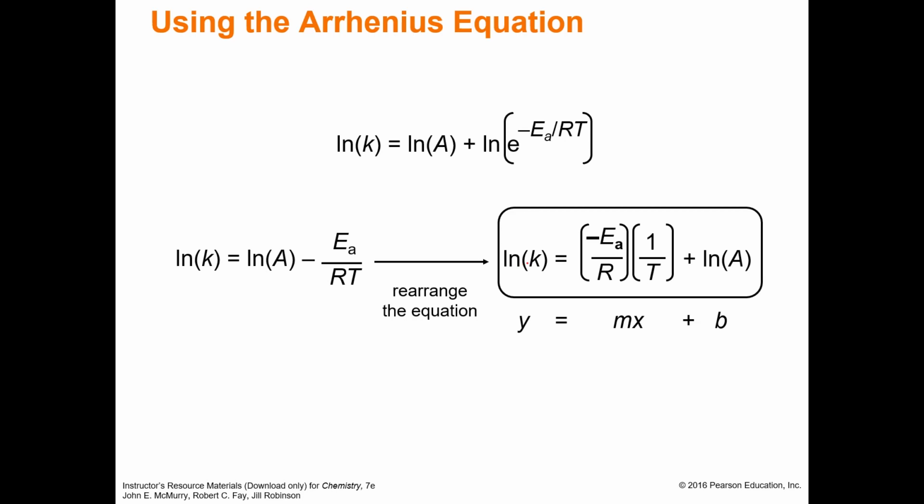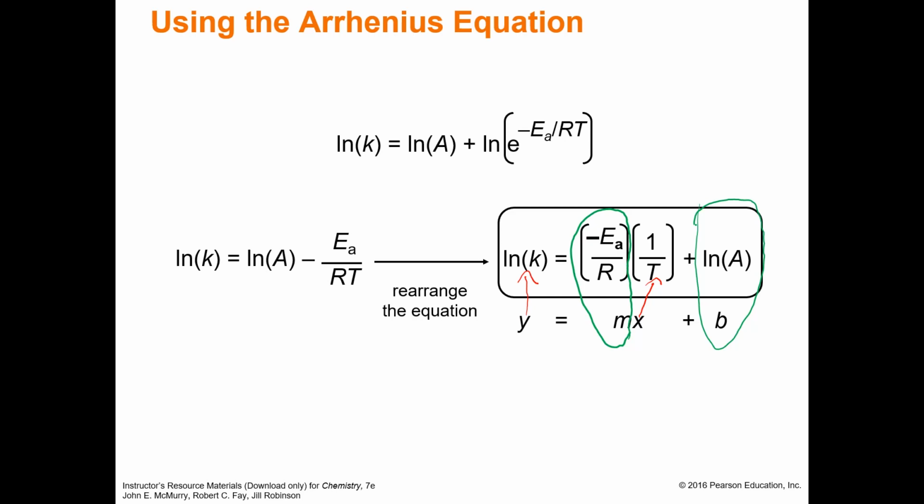So the natural log of K, which is the rate constant, is our Y. That's equal to negative EA over R times 1 over T plus the natural log of A. So we plot the natural log of K as our Y value, 1 over T is our X value, and that means the slope is equal to negative EA over R, and our y-intercept, B, is the natural log of A.